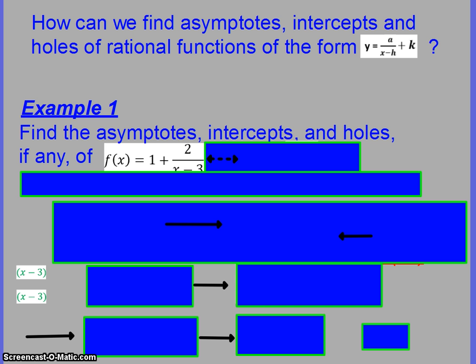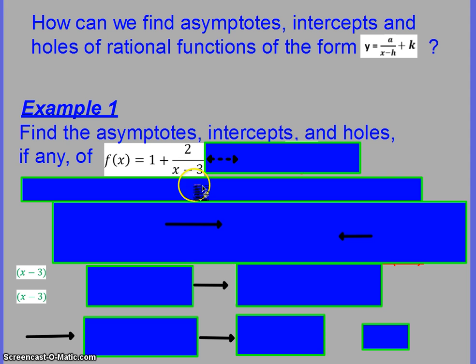So, how can we find asymptotes, intercepts, and holes of rational functions of this new form? Let's start by looking at an example. Let's find the asymptotes, intercepts, and holes of f of x equals 1 plus the quotient 2 over x plus 3.